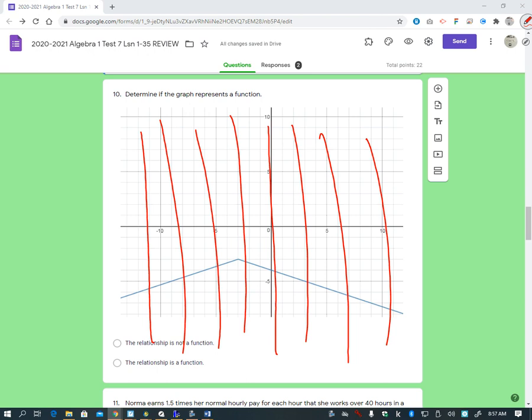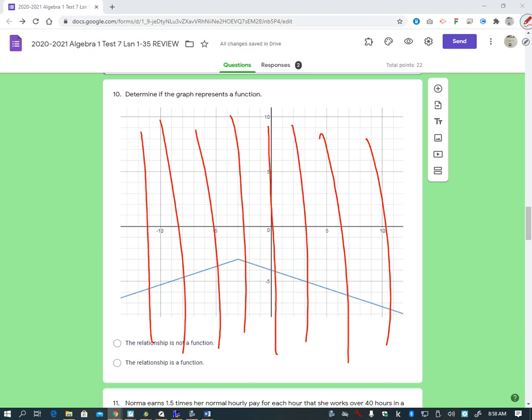I want to see if I can pull up one of your old tests because consistently folks are getting this wrong and I want to go over it. It would have probably been on your last test. Did you guys remember seeing this? I might be thinking of another class too.